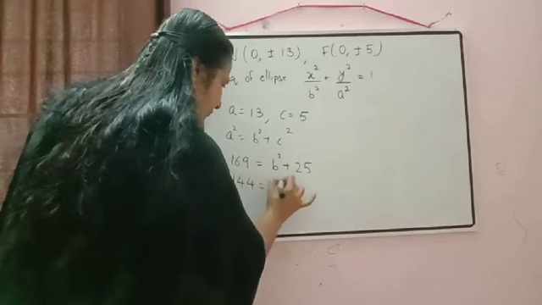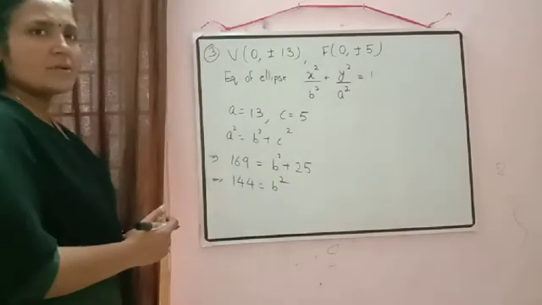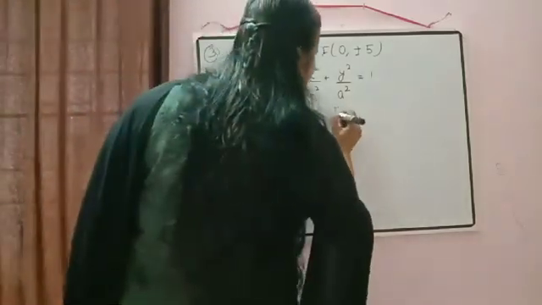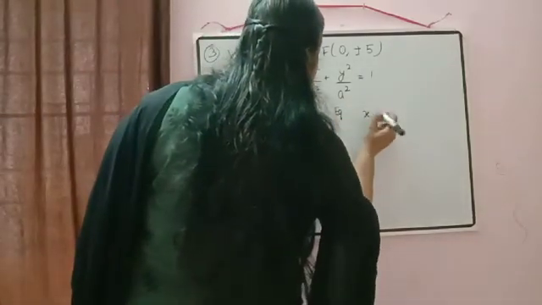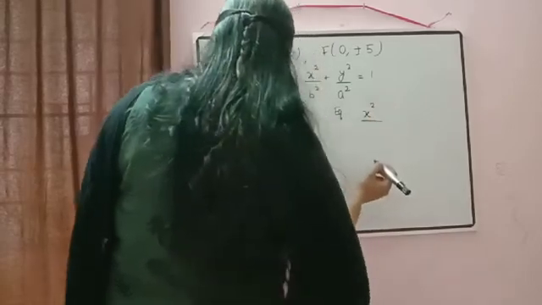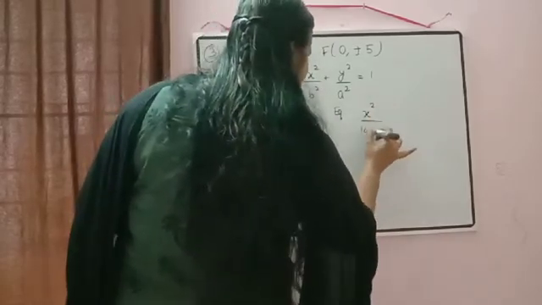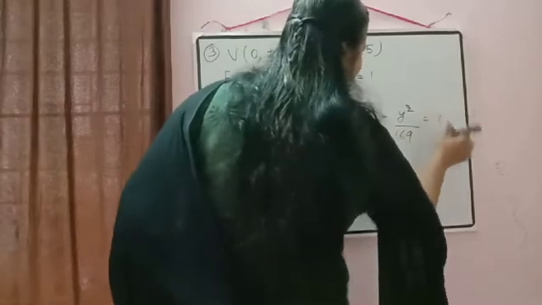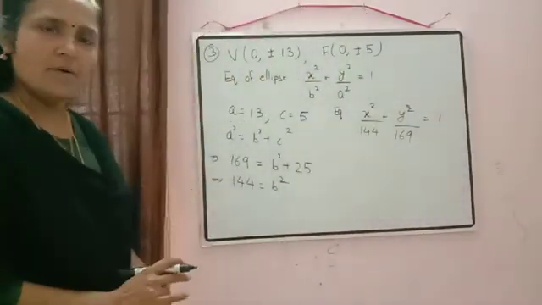Yes, 144. So we got here b square is equal to 144. Now we can write the equation. So the equation is x square by the value of b square, 144, plus y square by a square. a is equal to 13, so a square will be equal to 169, is equal to 1.